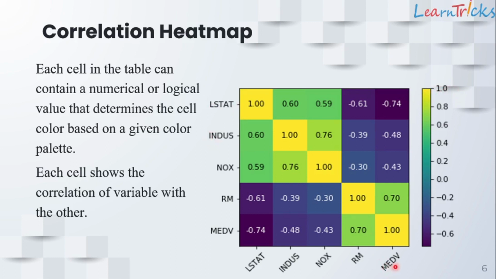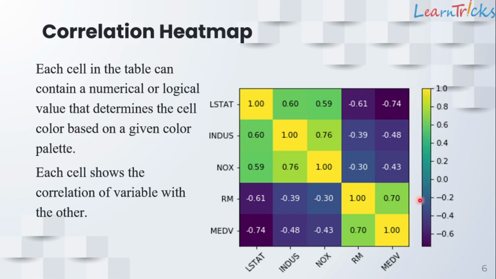L stat and made V have a negative correlation, that is the least correlation, minus 0.74, that is less than minus 0.6. That's why it is shown in the darker color. So the values defined here are the correlation of each variable with every other variable, and the logical value determines the cell color, and this cell color is based on this color palette, right?